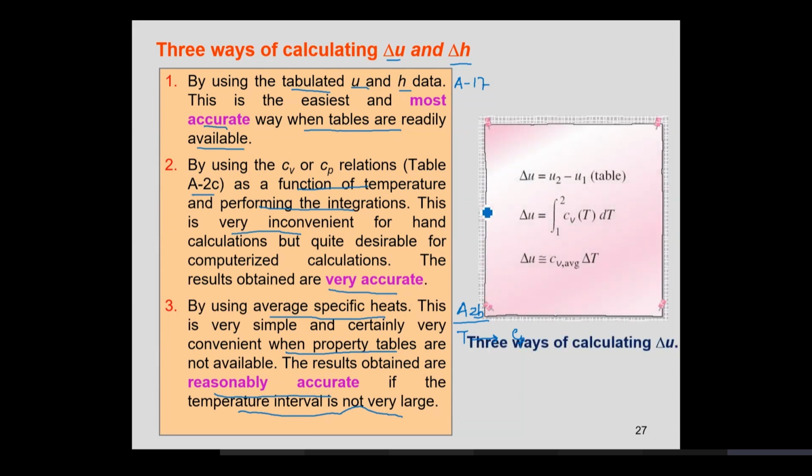So the first is from the table, which in case of air is table A17. The second uses the relationship between Cv and Cp and temperature, which is table A to C. And the third is the average value that you can take from table A to B if you know the average temperature. Clear so far?